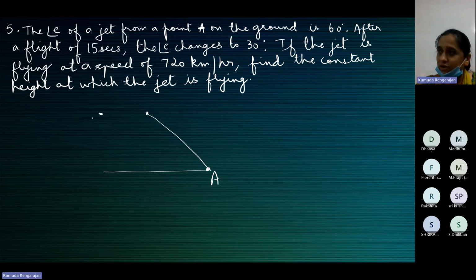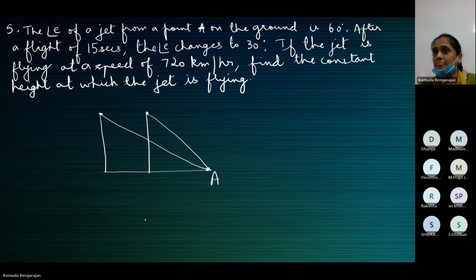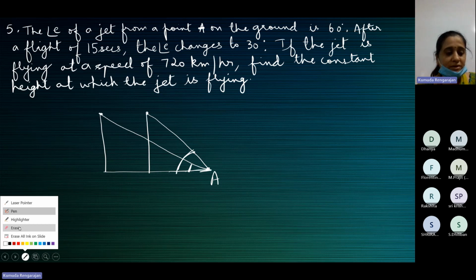This is a different position of the jet, and the observer is still there. This is the line of sight. And this is the height of the jet above the ground. Now for the observer, this is the horizontal, this is the line of sight, angle of elevation. It was first 60 degrees, then it becomes 30 degrees. So this one is 60. Let me show you again.